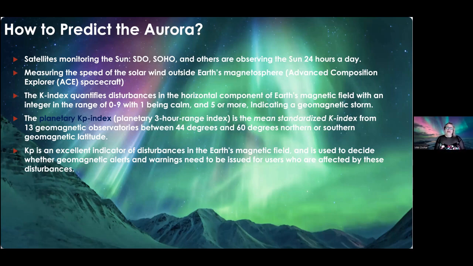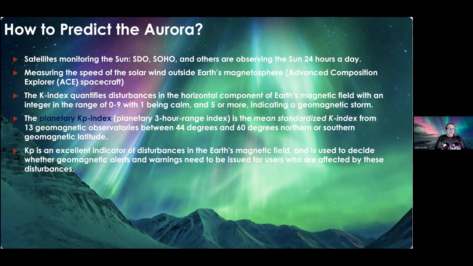Also a K-index is being created from the so-called horizontal component of Earth's magnetic field, with an integer in the range of 0 to 9, with 1 being calm and 5 or more indicating a geomagnetic storm.